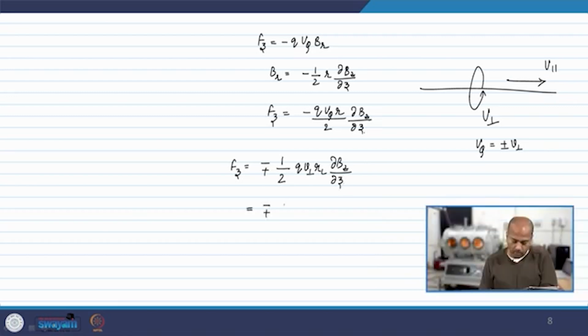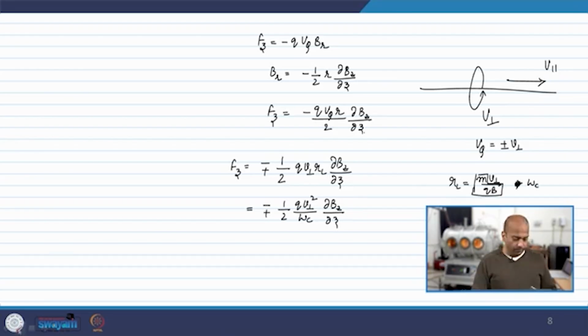Substituting something that we know already, half q v perpendicular by omega dou Bz by dou z. Again, RL is equal to m v perpendicular by qB, or m by qB is 1 by omega c, or omega c is equal to qB by m.